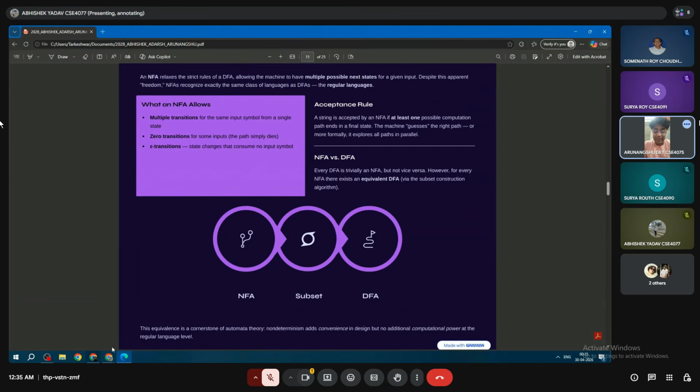Despite the apparent freedom, NFAs recognize exactly the same class of languages as DFAs. Now the acceptance rule: a string is accepted by an NFA if at least one possible computation path ends in a final state.